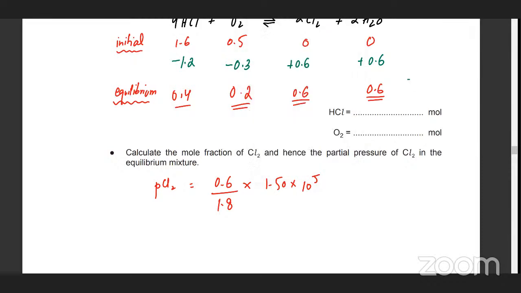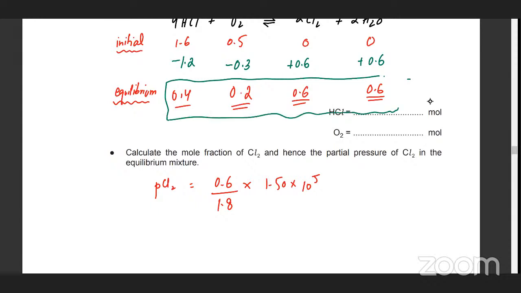What are the total moles at equilibrium? Isn't it 0.6, 0.6, 0.6 and 0.6? So the total moles are 1.8.